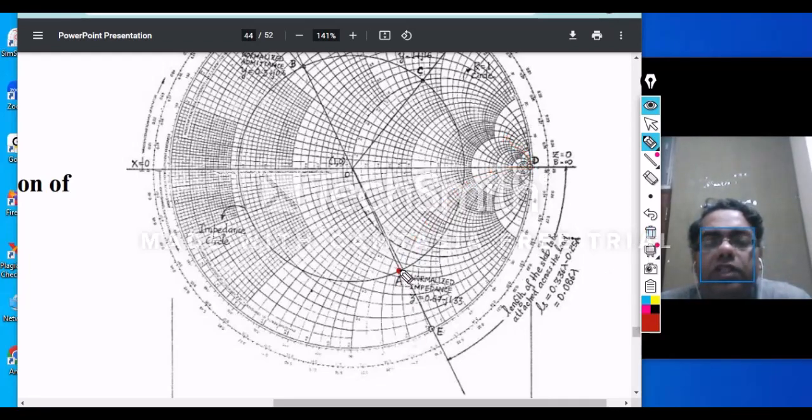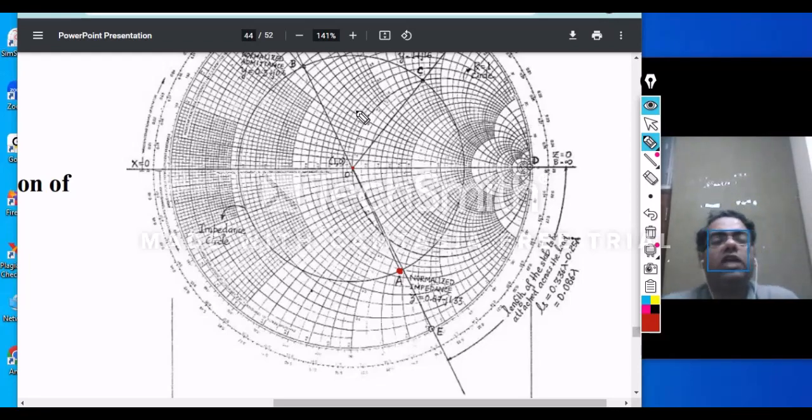Now, taking the center and this point, from the center to A we take the radius and draw the constant VSWR circle, or the impedance circle, as you can see. So this is the impedance circle. Once this impedance circle is obtained, we have to find the normalized admittance, because we will connect one stub in shunt.